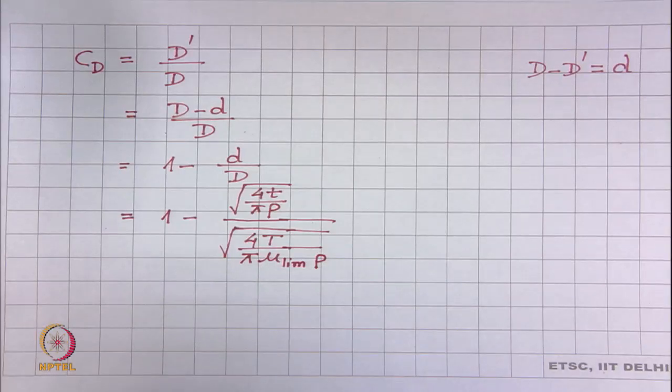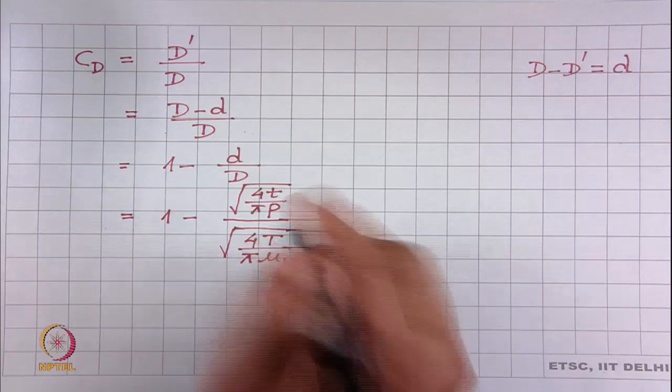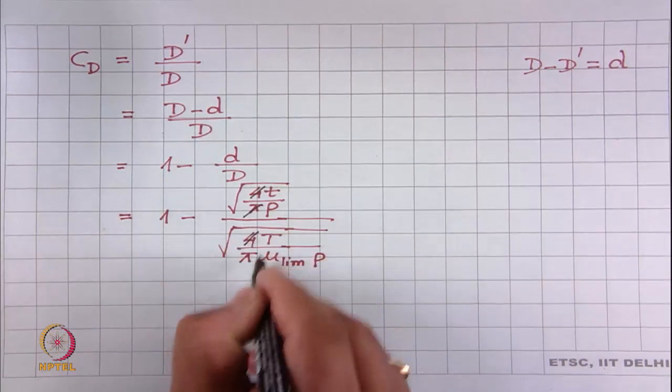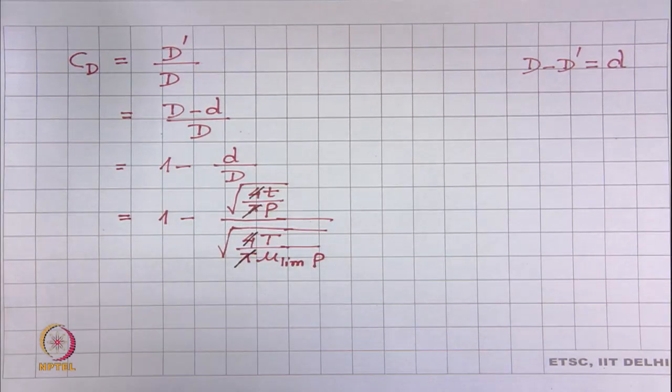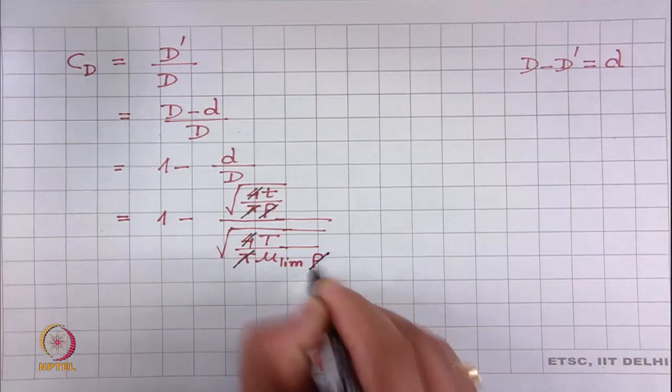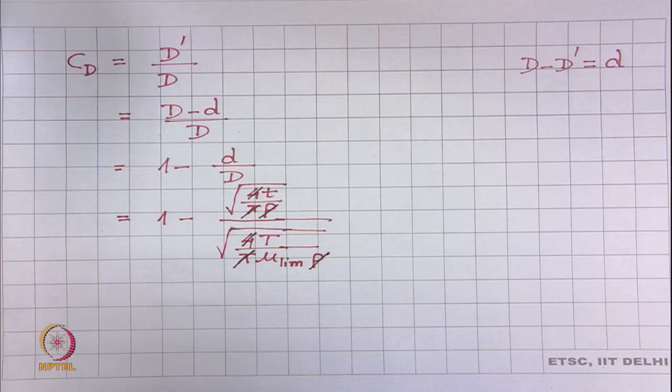So, what we see is that these 4 and 4 cancel out, pi and pi cancel out, and rho and rho cancel out.